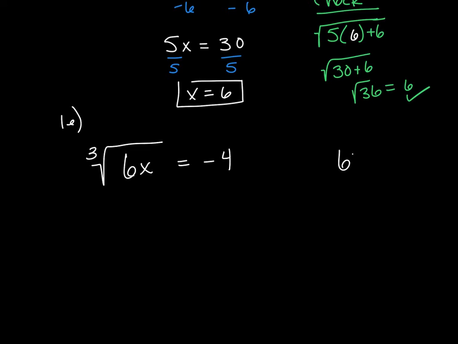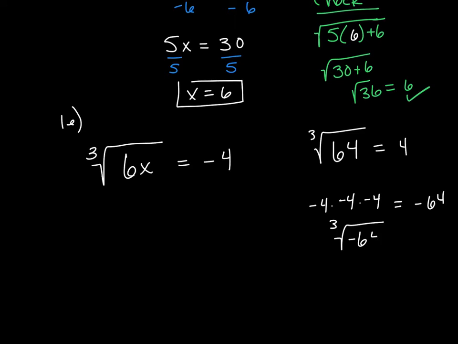So I know that the cube root of 64 is equal to 4. I also know that negative 4 times negative 4 times negative 4 will equal a negative 64. So I also know that the cube root of negative 64 is going to equal a negative 4. So negatives are all right as long as this index is odd. Then it's okay to have that negative there.